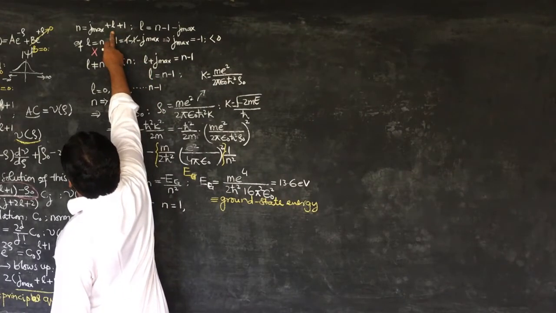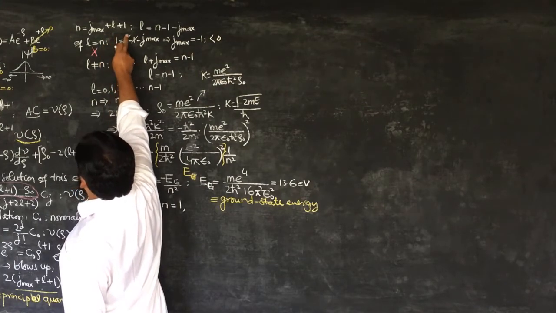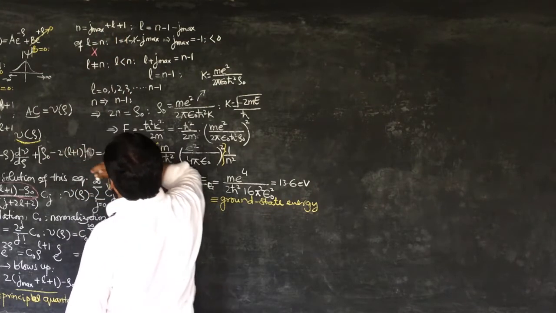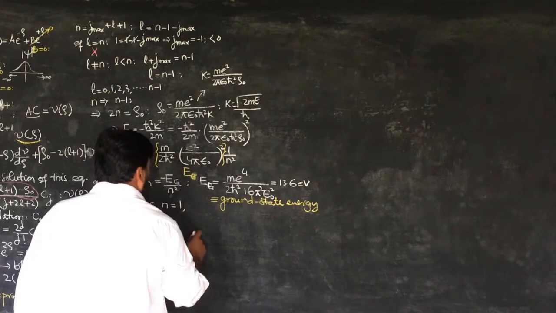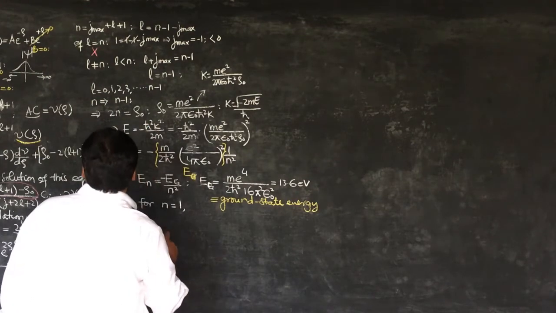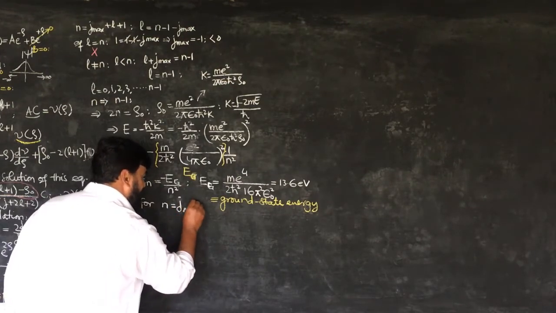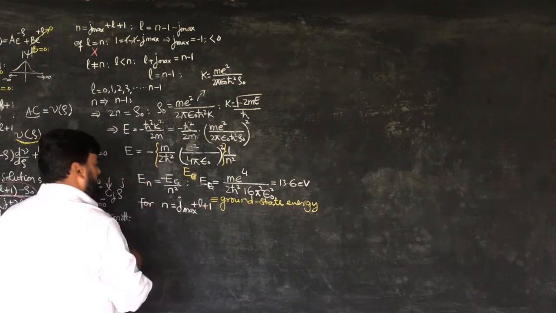Here the L value is 0, 1, 2, 3, 4. The j max value is 0, 1, 2, 3, 4. So from here, let me write that n is j max plus L plus 1.